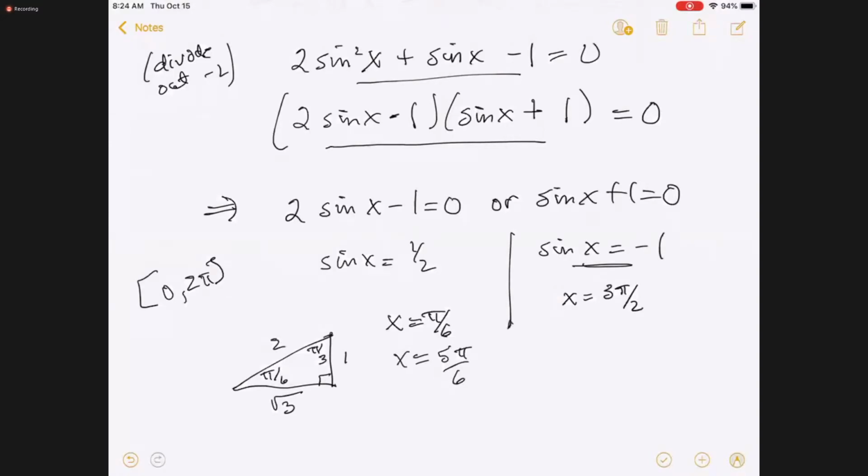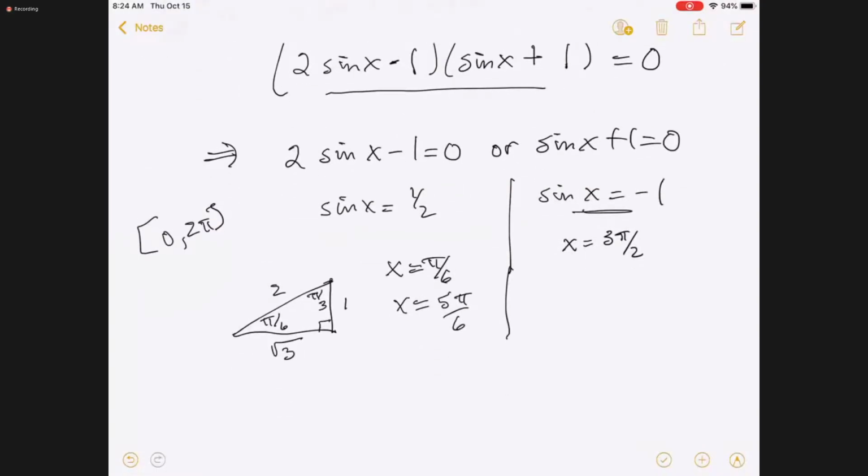For 7 pi over 6, the sine is negative 1/2. And for 11 pi over 6, it's negative 1/2. So these are all the places where we have the derivative equal to 0.